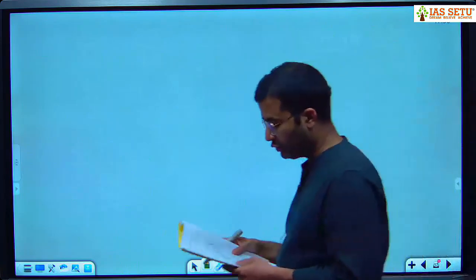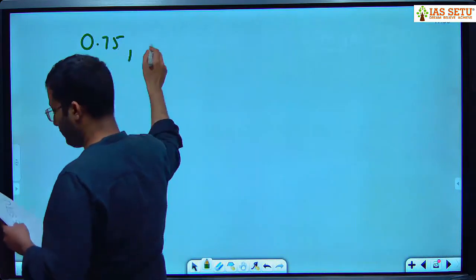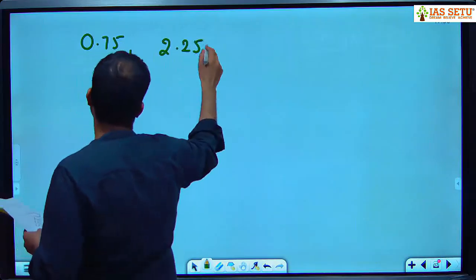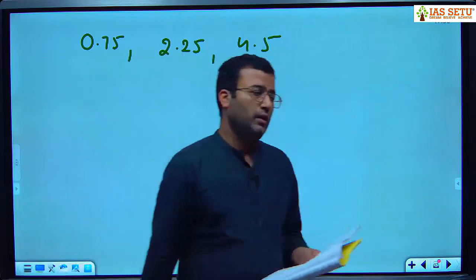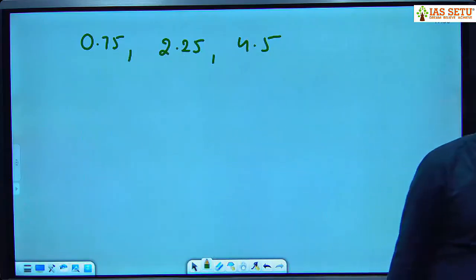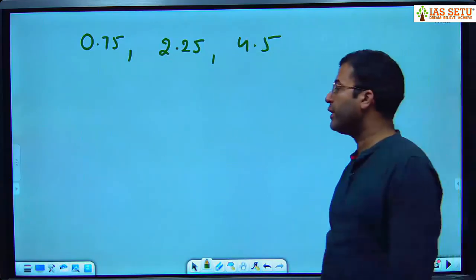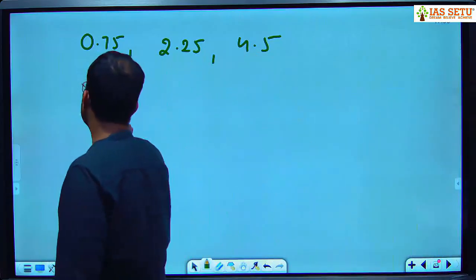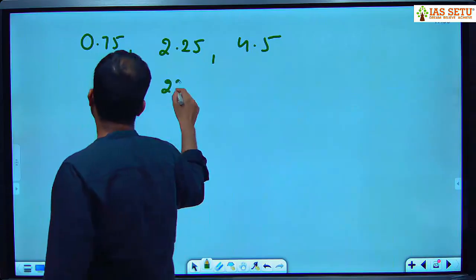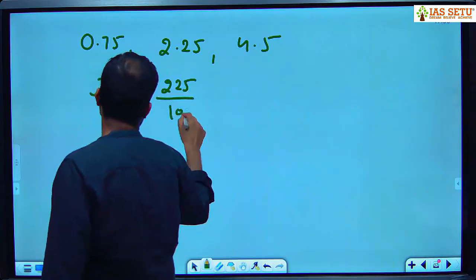Let me take one more question for this decimal. 0.75, 2.25, 4.5. Fine. So now here we convert this into fraction. So it is 75/100. This is 225/100.